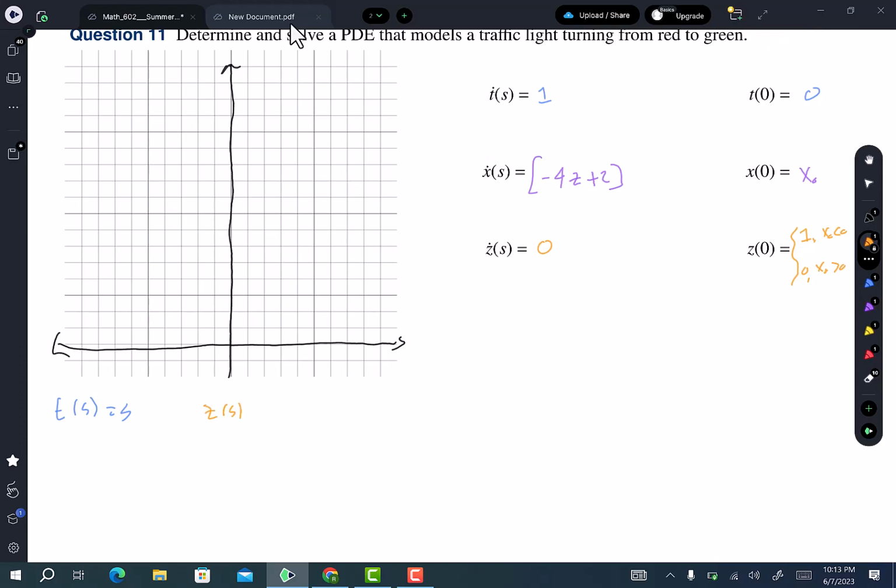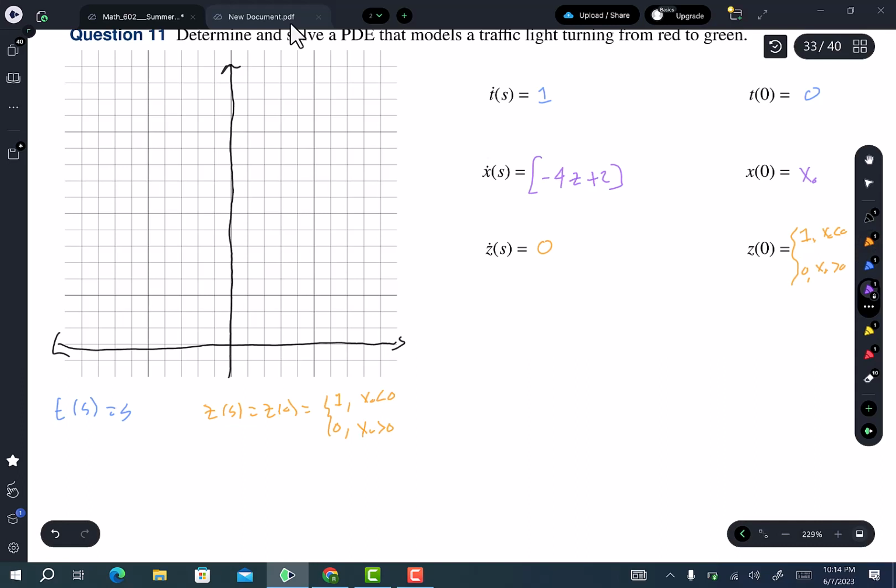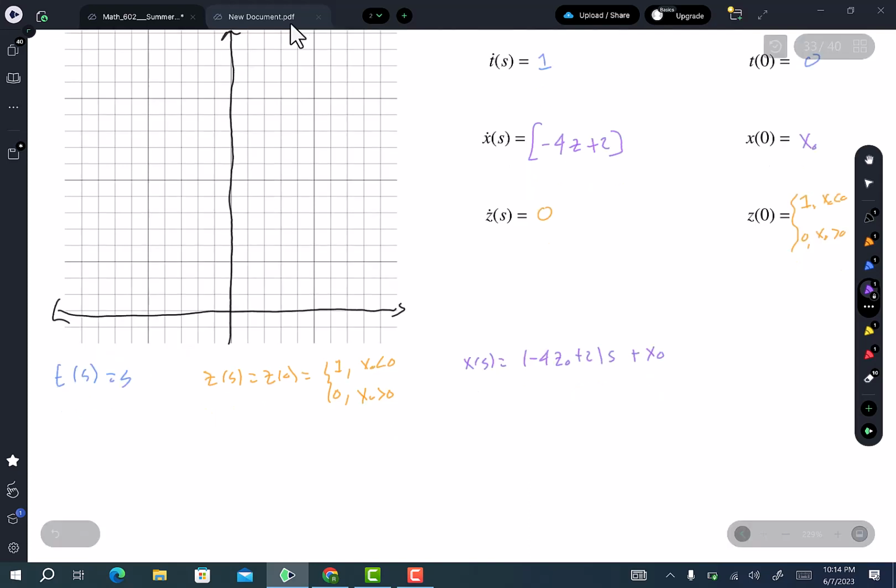And z of s is just going to be equal to z of 0, which is 1 if x naught is less than 0, and 0 if x naught is greater than 0. And then finally for x, this gives x of s is equal to minus 4 z naught plus 2 times s plus x naught.